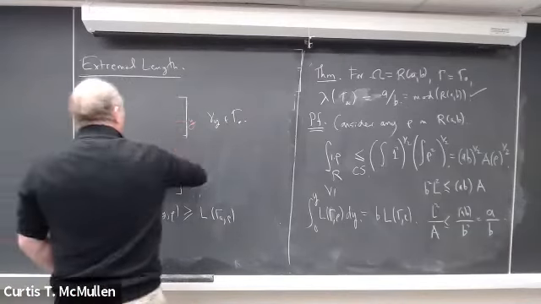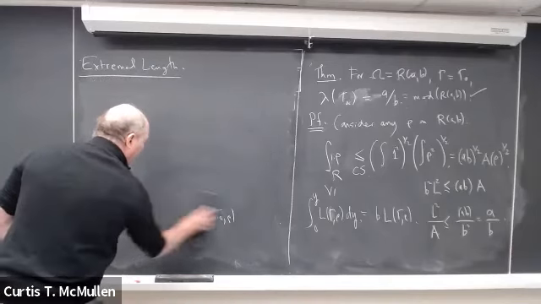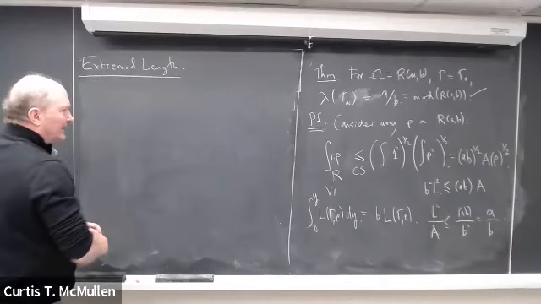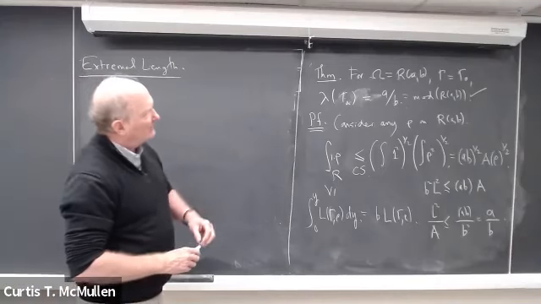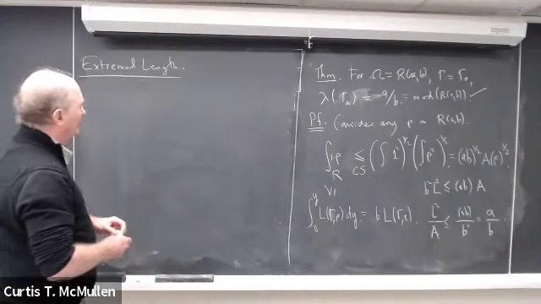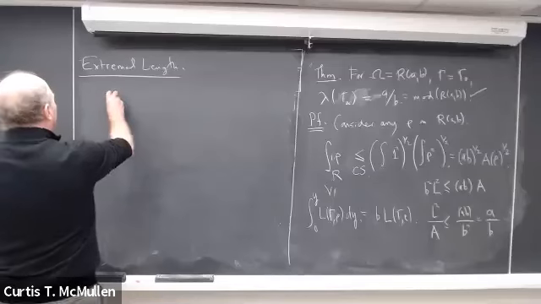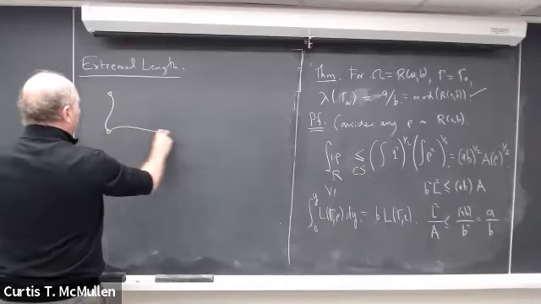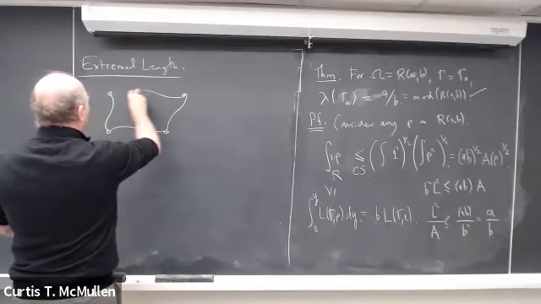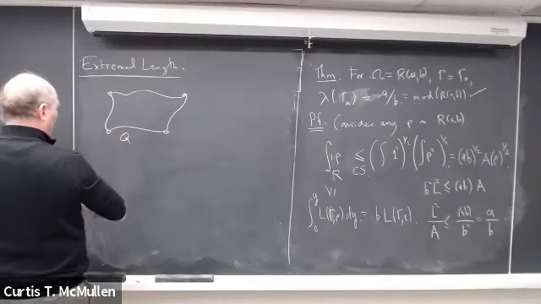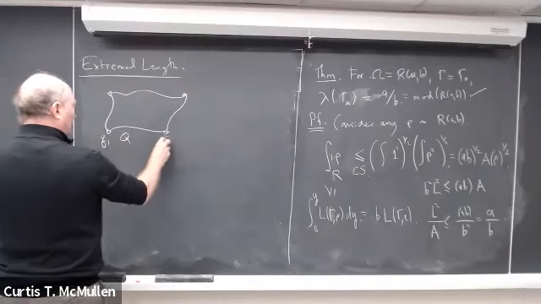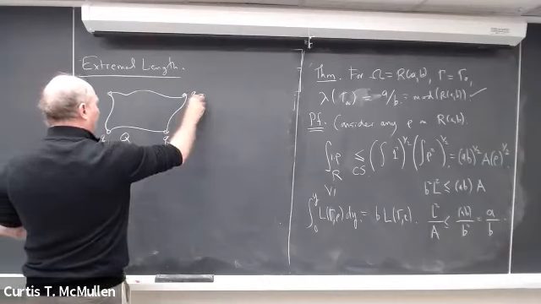Okay, now what is it that we've really proven? We've proven that the modulus of a quadrilateral can be defined in terms of extremal length. So let me explain how that works. Let's reconsider a random quadrilateral again, Q. So it has these special points Q1, Q2, Q3, and Q4.